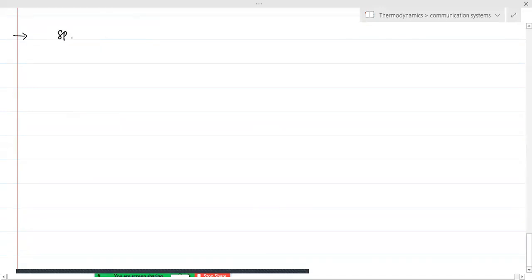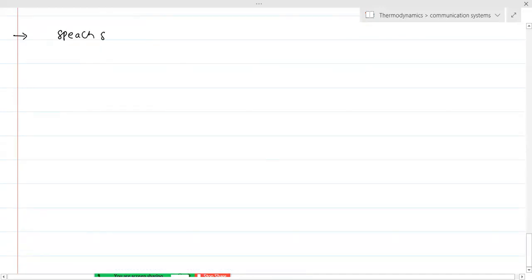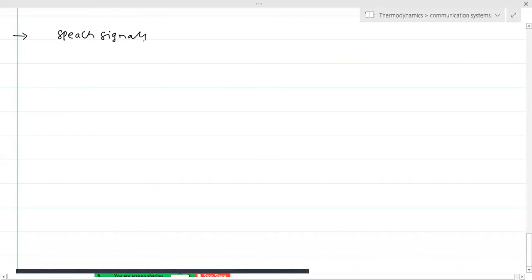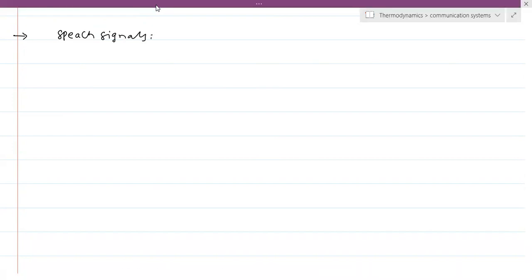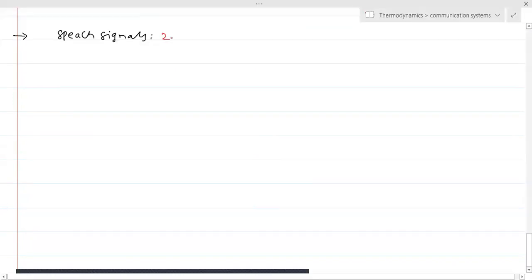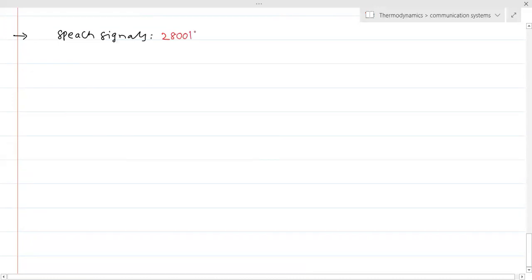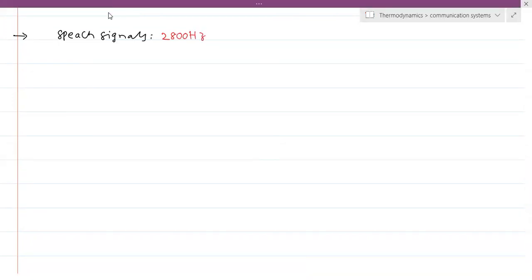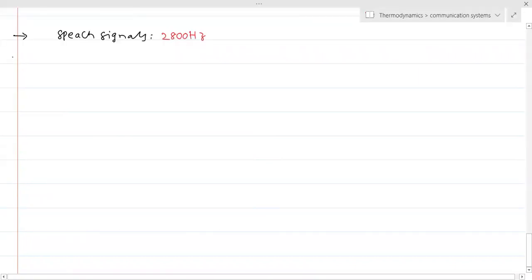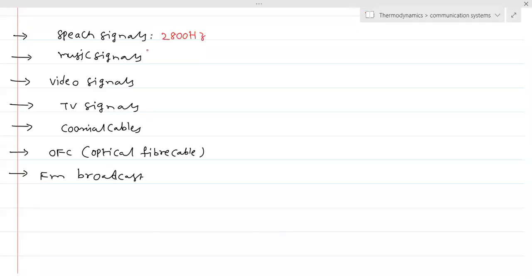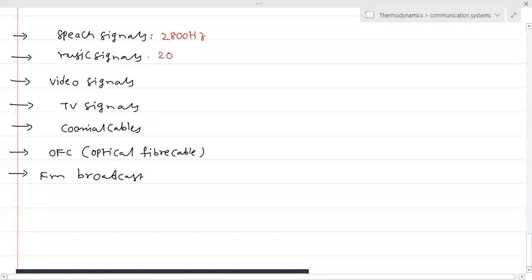Suppose when we think of speech signals, they have a frequency range. We will call speech signals, they are having 2800 hertz. When we think of music signals, they have a frequency range up to 20 kilohertz.